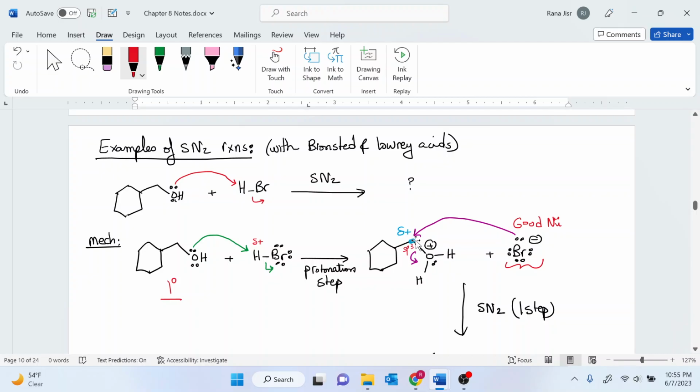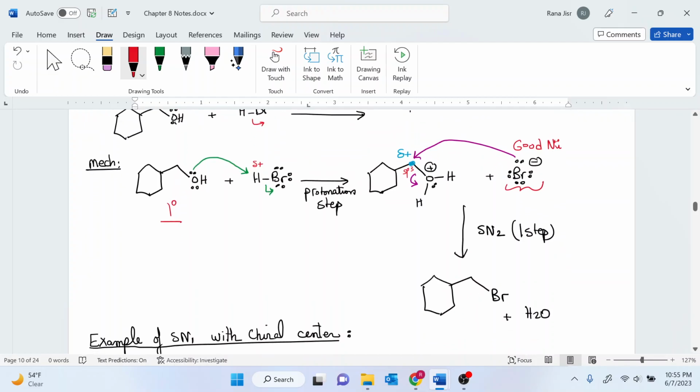So here in this case, if you have a chiral center, here you don't. But if you have a chiral center, make sure to consider the stereochemistry, which is the inversion of configuration. The bromine here attacks, the water is going to leave, and I'm going to end up getting a simple substitution reaction. So what I did here is I substituted the OH by the bromine, and water was my leaving group.